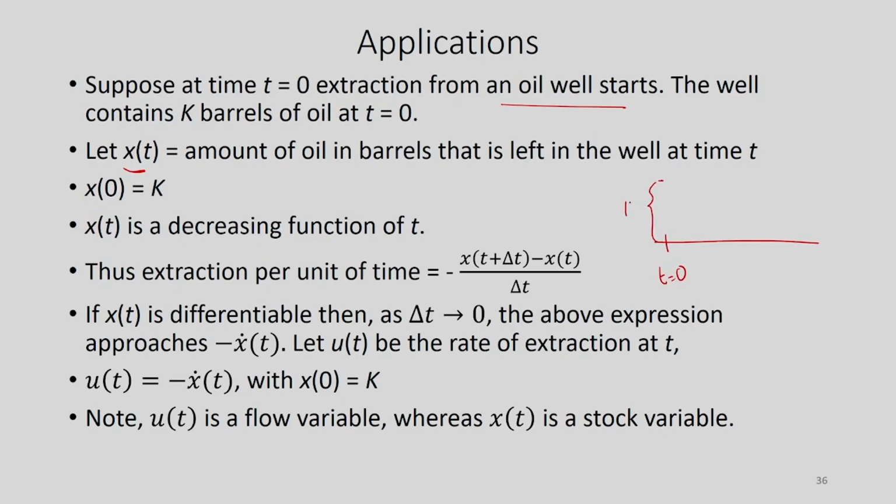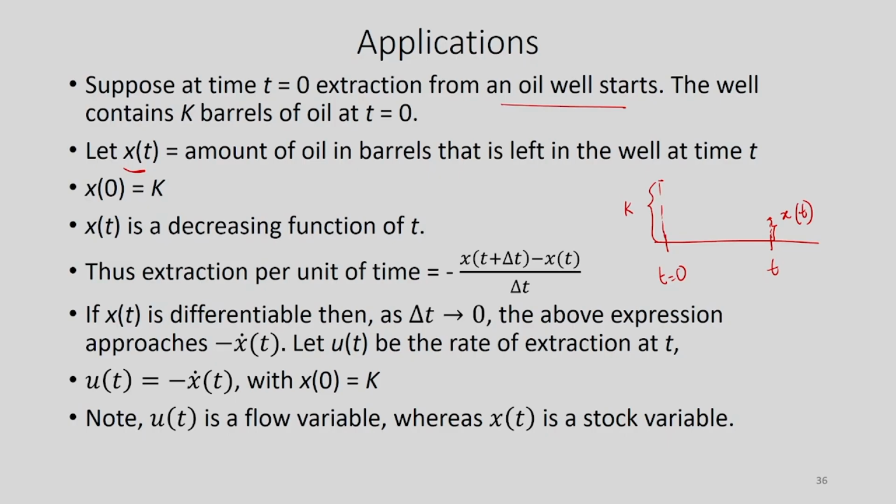Suppose this is capital K. Now, take another time, let us suppose generically small t is the time. Now, here what is the amount of oil that is left? Let us denote that by x t. So, this is the amount of oil that is left in that oil well, denoted by small x t.